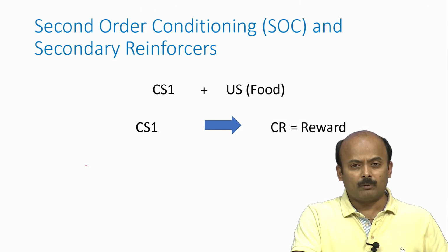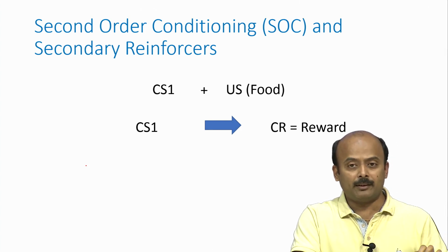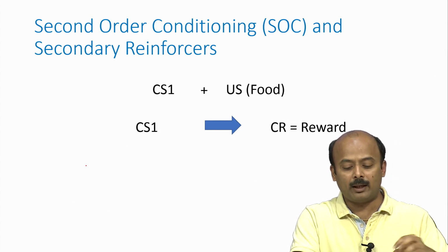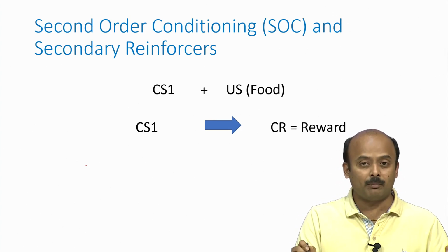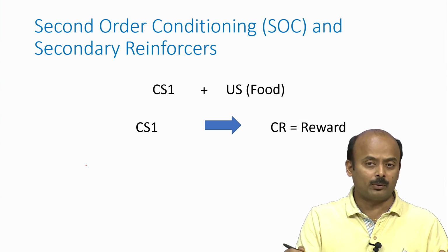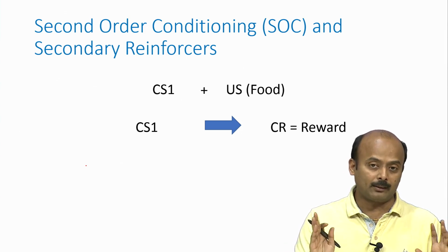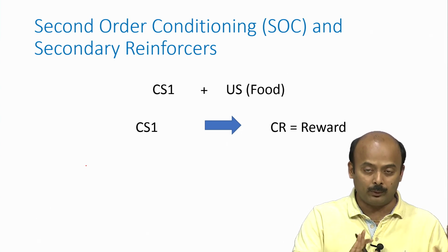Now, in this condition it is very simple to say that I am going to use the food as my outcome in our stimulus response outcome framework, use it as a positive reinforcer, and increase or develop a new habit. Very good.